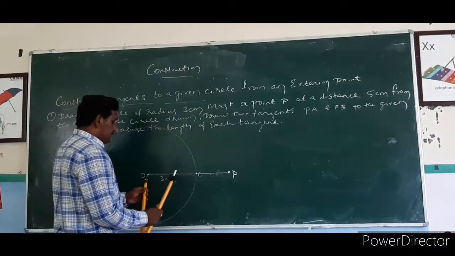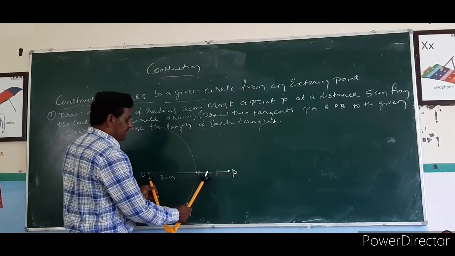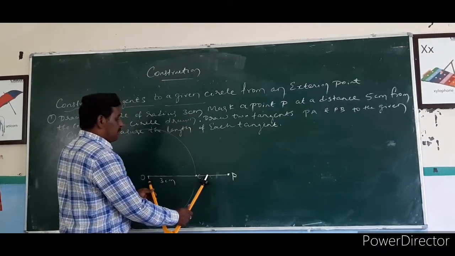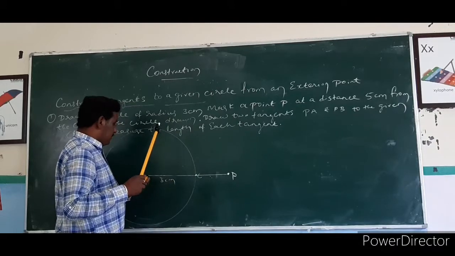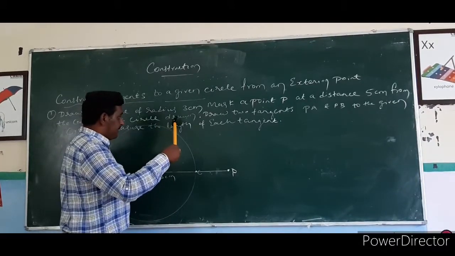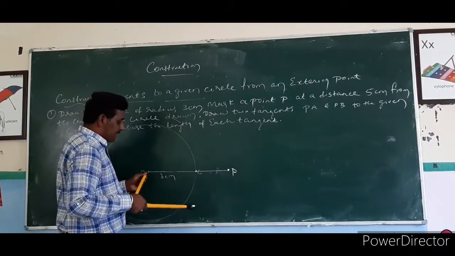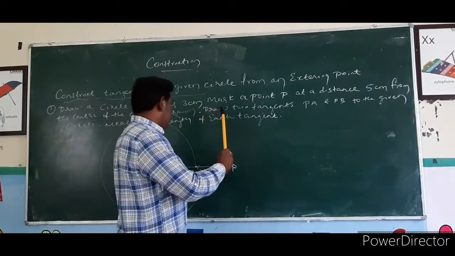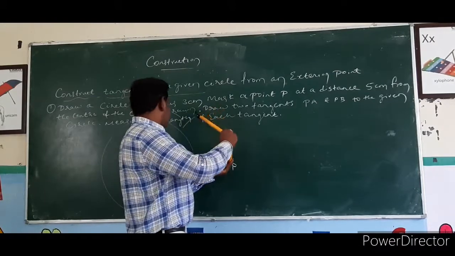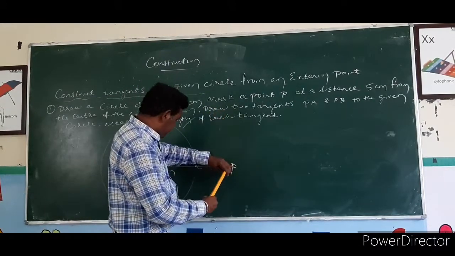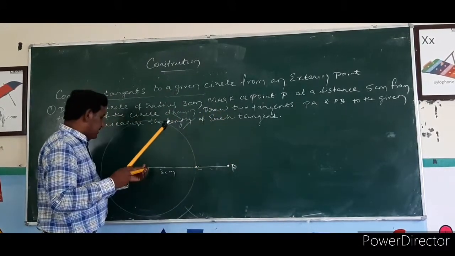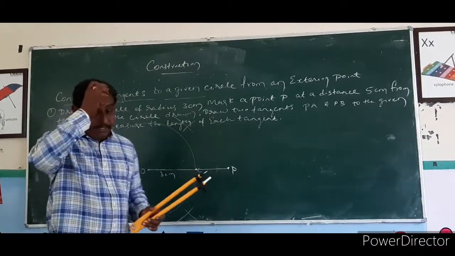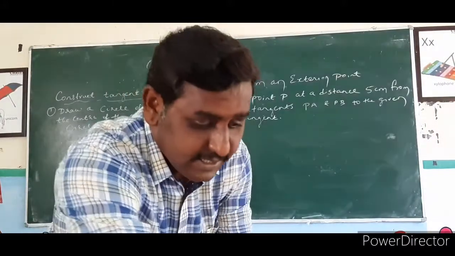For this, you draw the perpendicular bisector. Take more than half of the line OP and cut arcs both up and down. If it does not cut, you can put again, but you have to use the same measure for the perpendicular bisector.